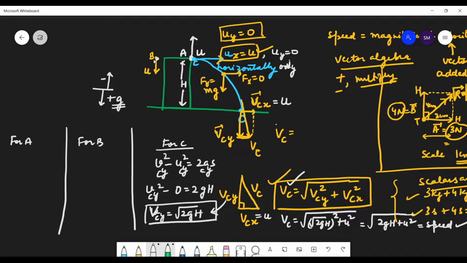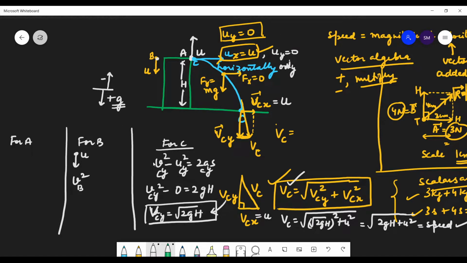So for case of B, when the ball is dropped vertically with velocity u, what will be the final velocity of B? So just dropped with initial velocity u, so Vb square minus u square equals 2gh.